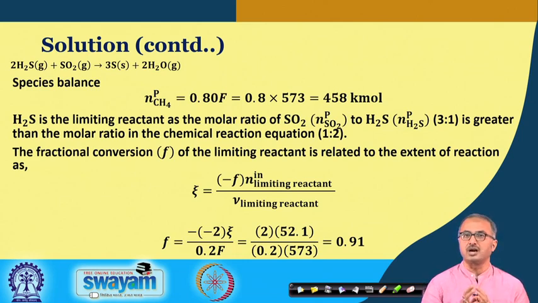It will be sufficient if you just know the final relationships between the extent of the reaction and the fractional conversion. So, here is the formula; you just find the value of F by plugging in the values, and for the limiting reactant you see that you have it for the H2S. If you plug in the values, you will get the fractional conversion of the limiting reactant as asked in the question.